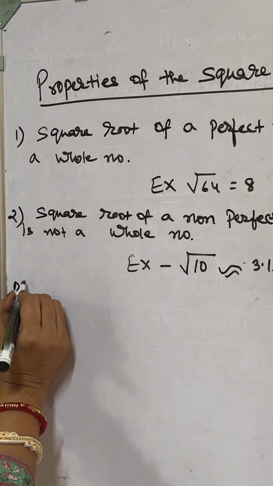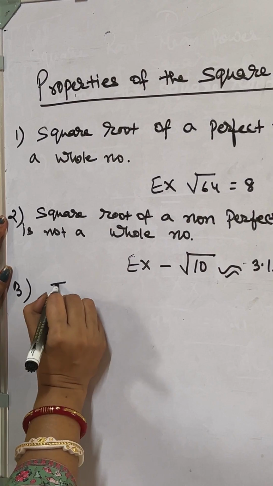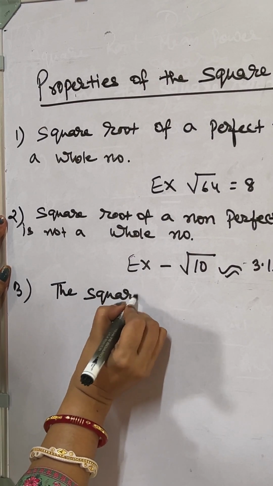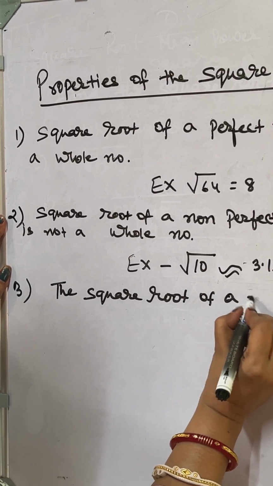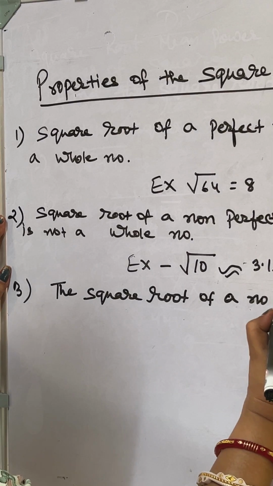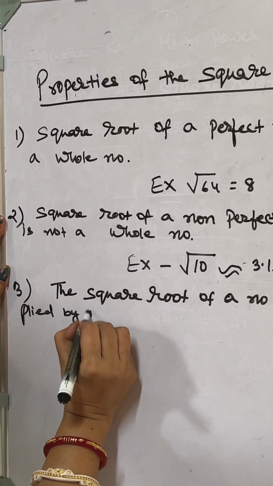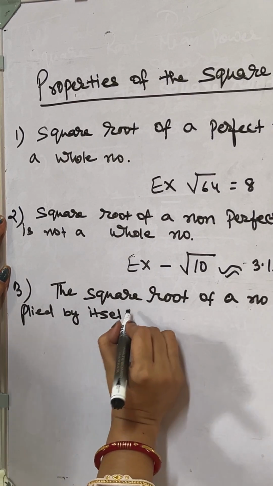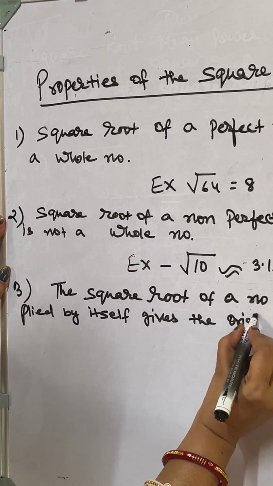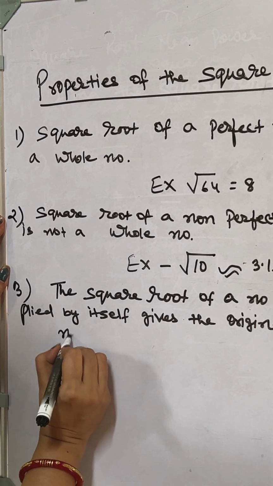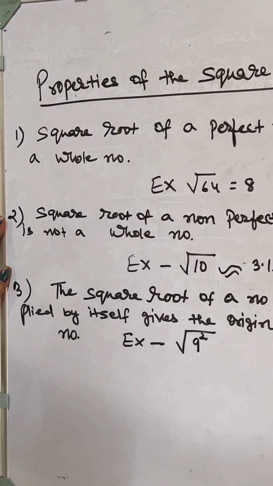Now, number 3: the square root of a number multiplied by itself gives the original number. Example, root 9 squared.